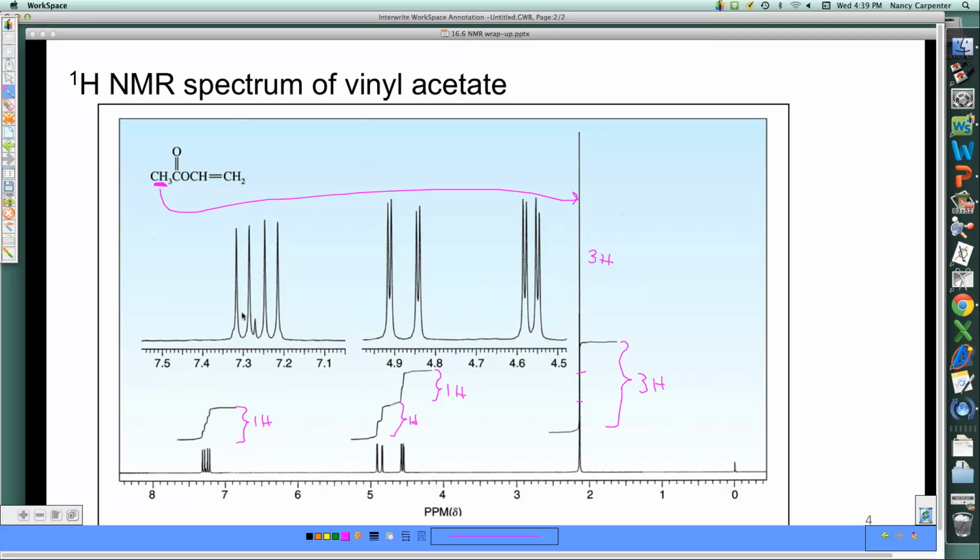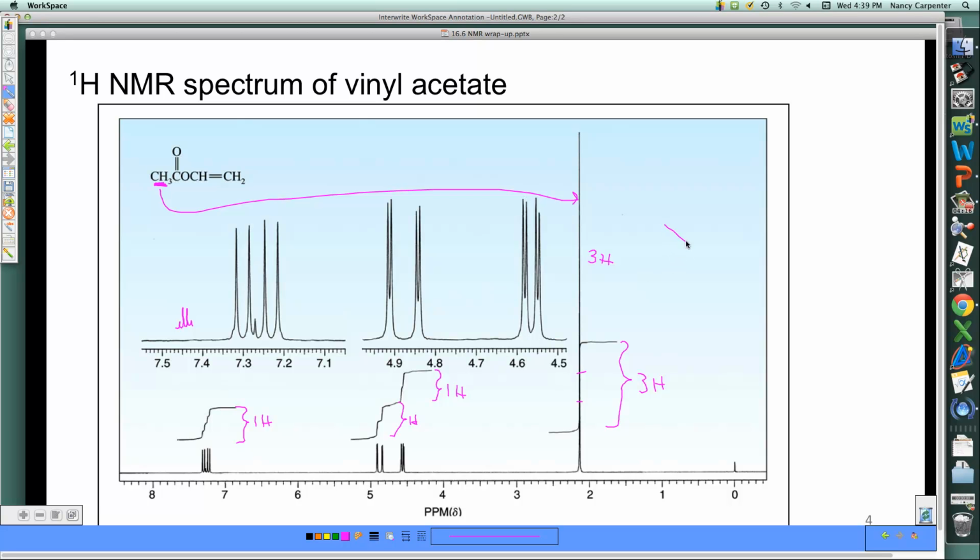Interesting. So I have a 4-line pattern for 1 hydrogen here, way downfield at 7.3. That's different. It's certainly not a quartet, because a quartet is 1 to 4 to 4 to 1. 4-line pattern, 4-line pattern.